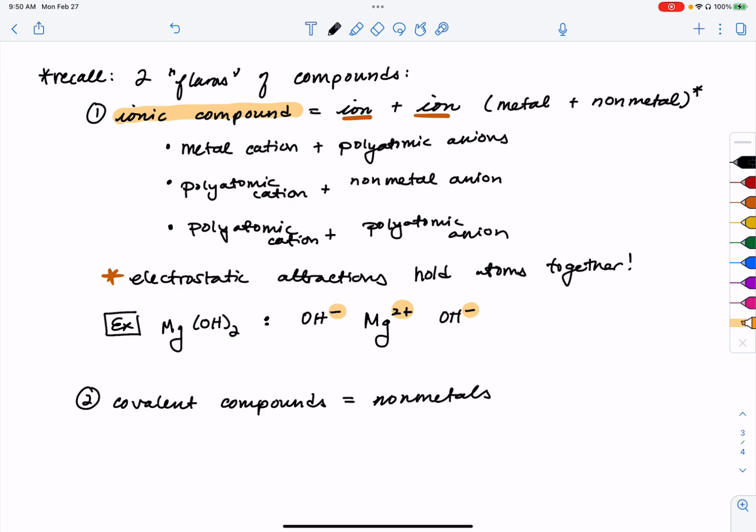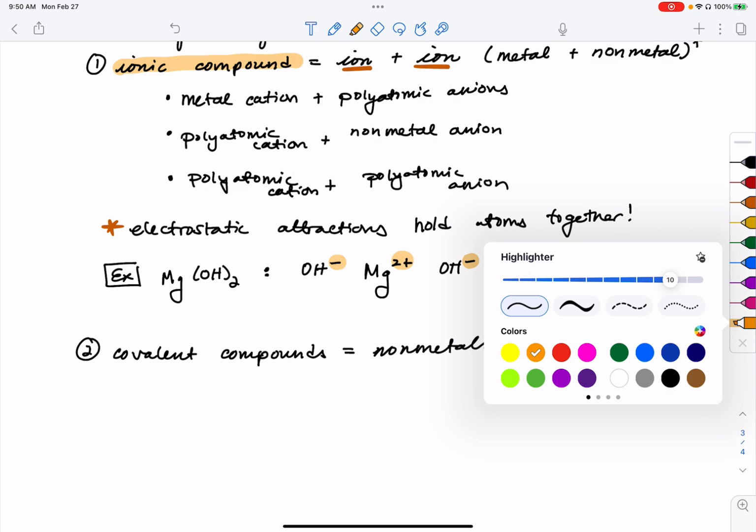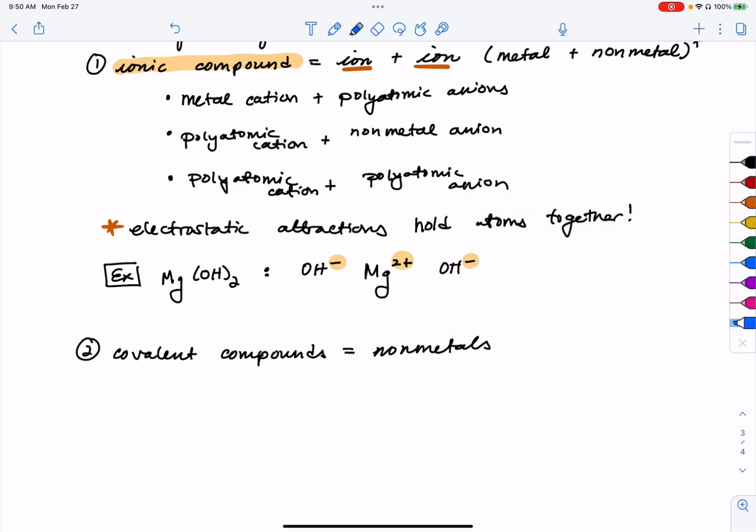This excludes our polyatomic ions. So there is no electrostatic attraction that's holding these compounds together. So then what is it? Why is it that we see things like H2 gas or H2O? What's going on here?